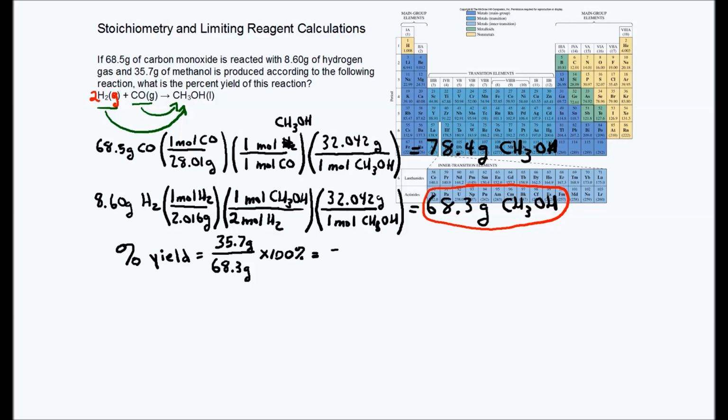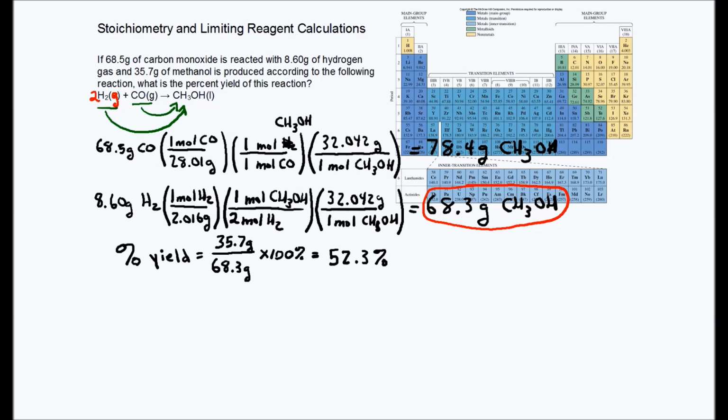So 35.7 divided by 68.3 times 100, and I find 52.3%. So according to my math, and according to this problem, this reaction is 52.3%.